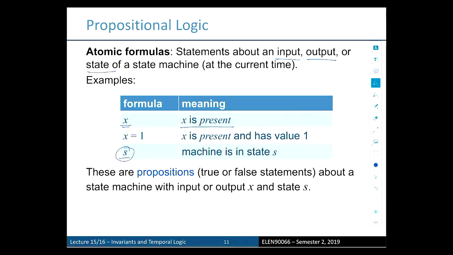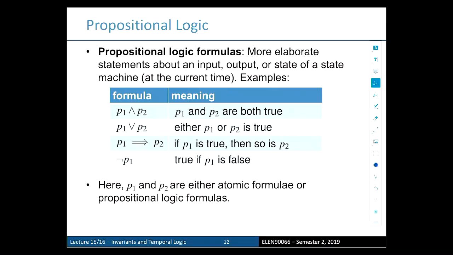There are now propositions, which is really another word for true or false statements about a particular state machine, some signal or state at some given time t. Now we can combine these atomic formulas to construct propositional statements. These are things that you probably saw in high school.